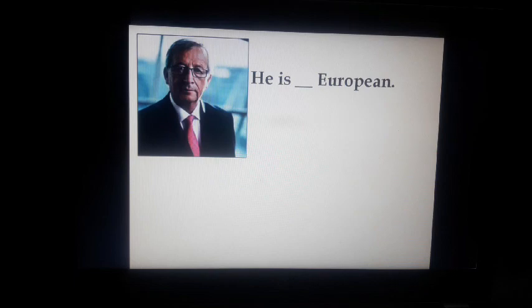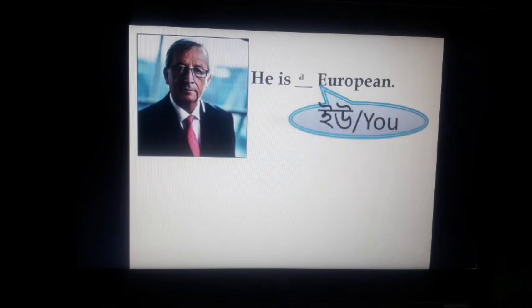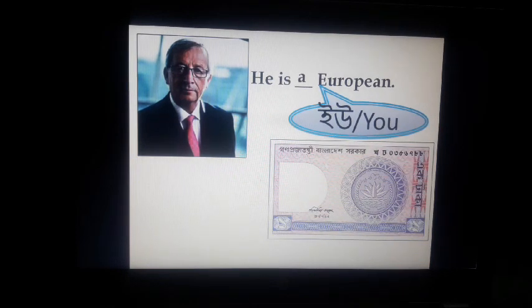Look, he is, what will we use? A European. Why? Think about it. Why have we used a before the word that starts with the vowel letter E?